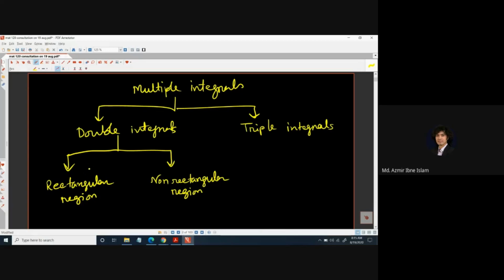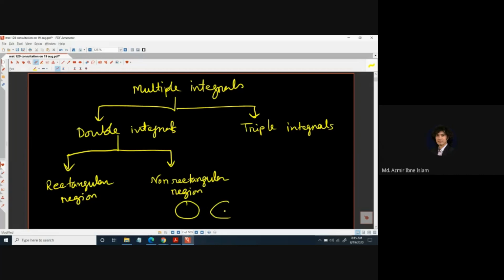So rectangular region, by this name you can easily understand that it deals with a rectangle. So the region that we will have will be a rectangle. But non-rectangular region means it may be a triangle, it may be a circle.